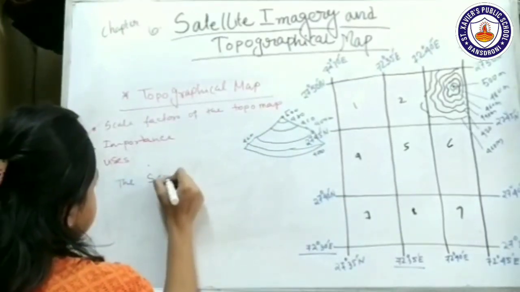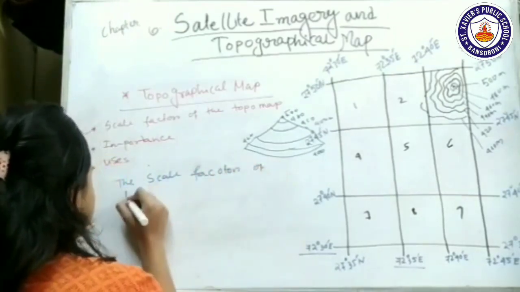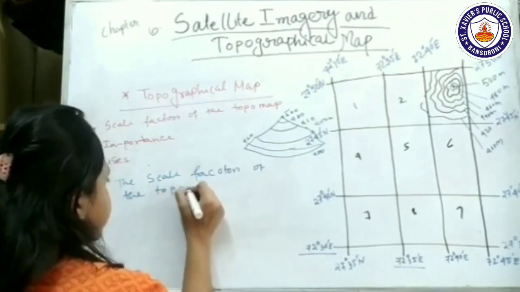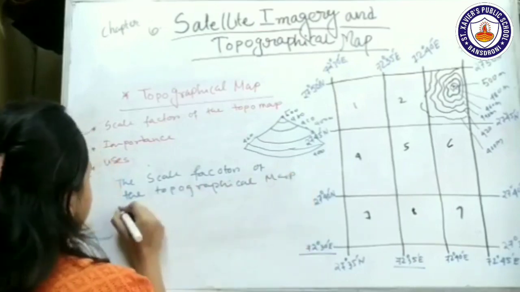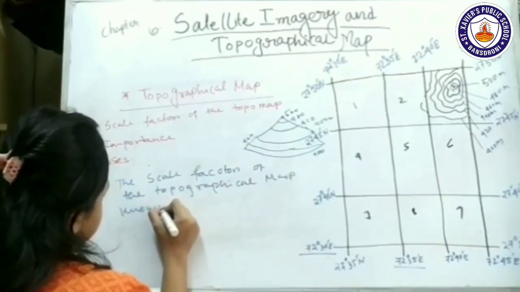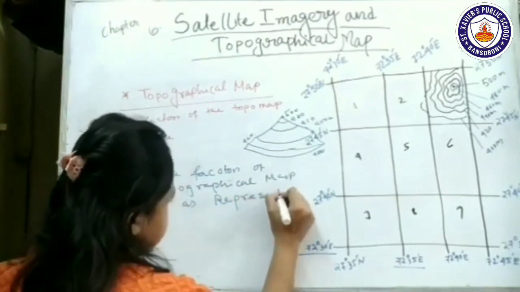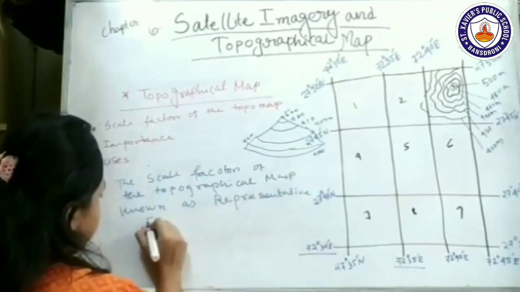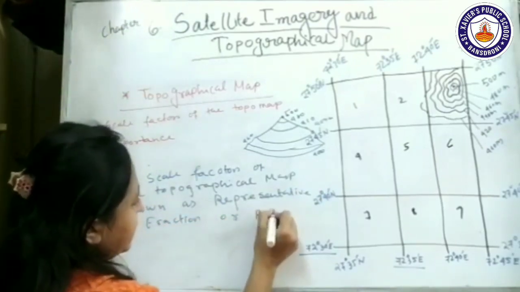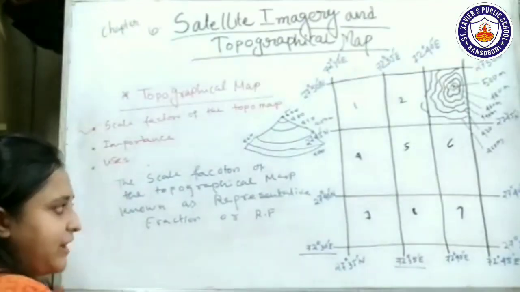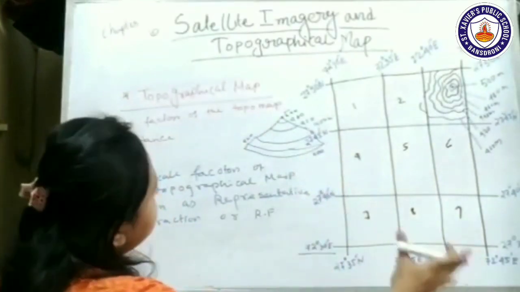The scale factor of the topographical map is known as the representative fraction, or RF value. So what is RF value? RF value is a scale factor which determines the portion of the topographical map.